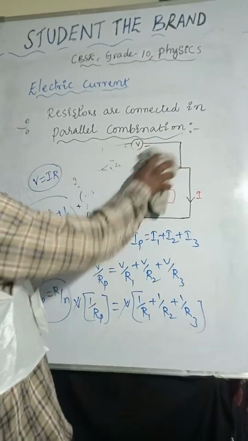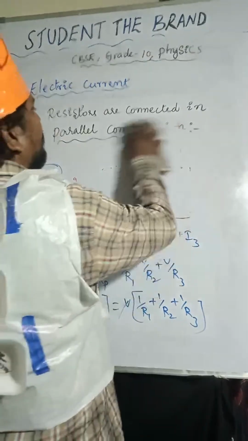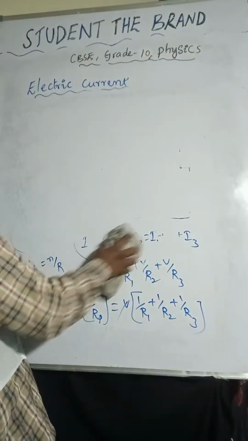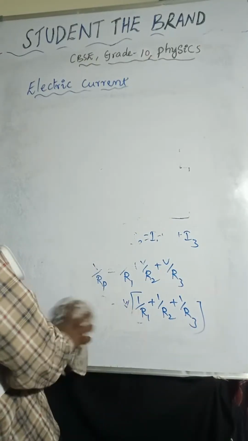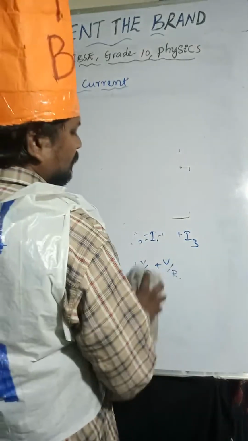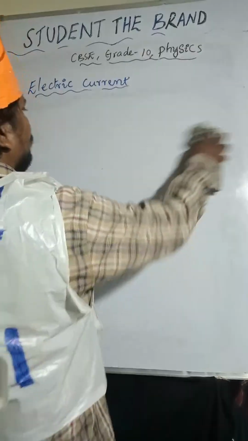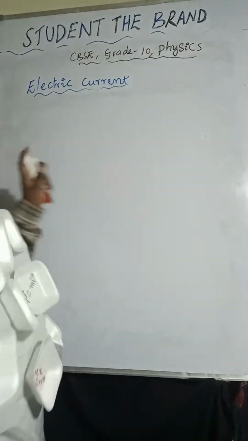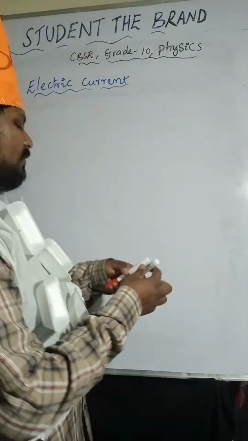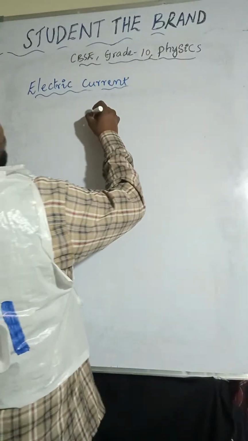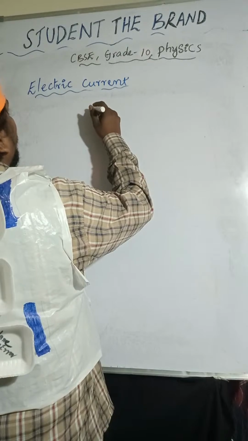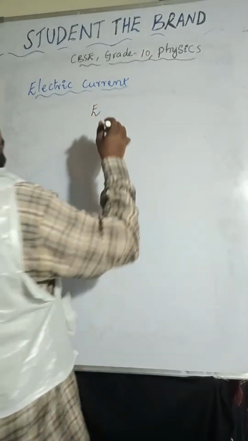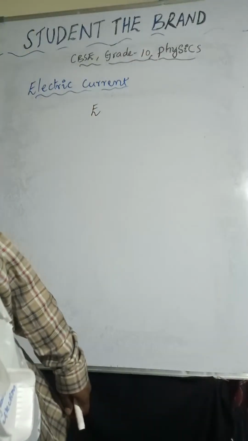Now you can observe resistors and electrical power. Simply we can say heating effect of electric current.